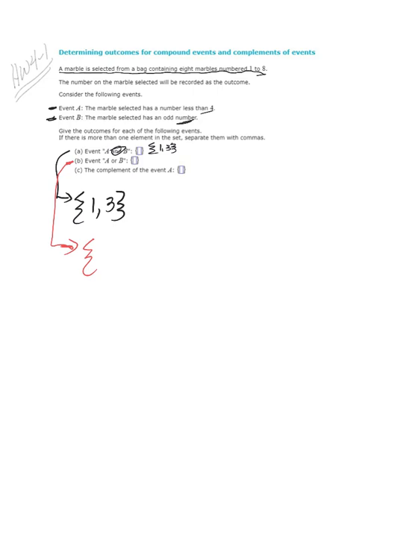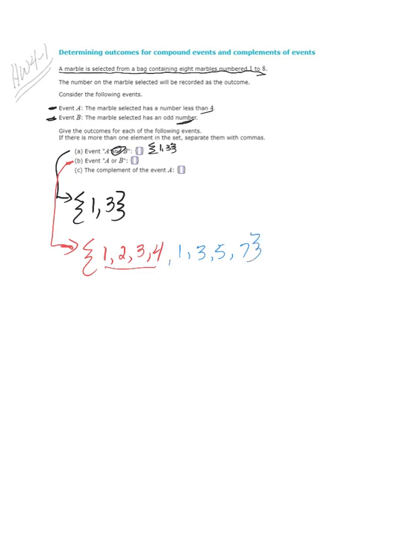Event A is all the numbers less than 4: 1, 2, 3, 4. And here's B. B are the odd numbers, which, let me put them in a different color: 1, 3, 5, and 7.